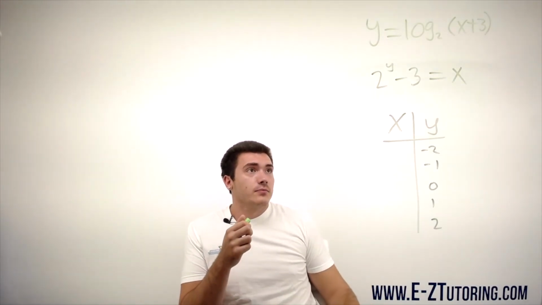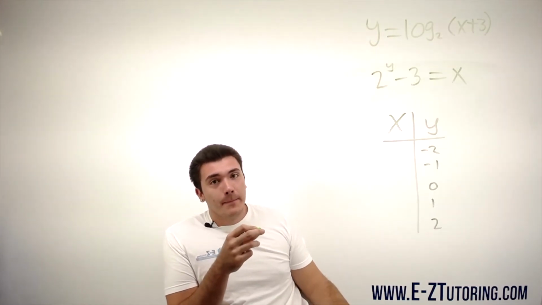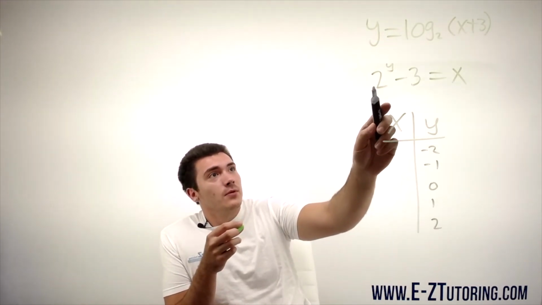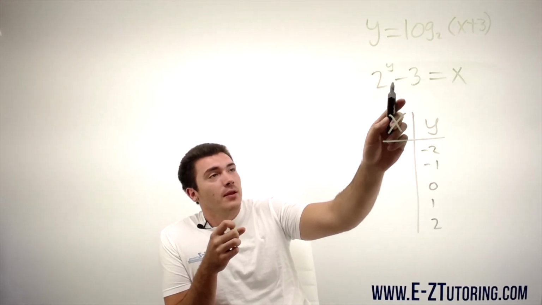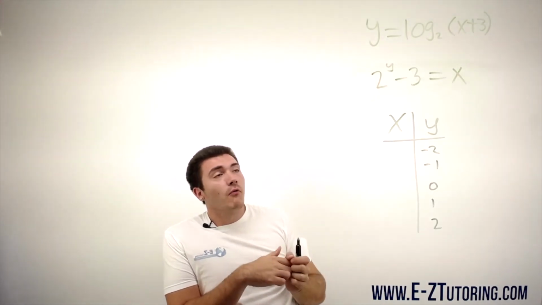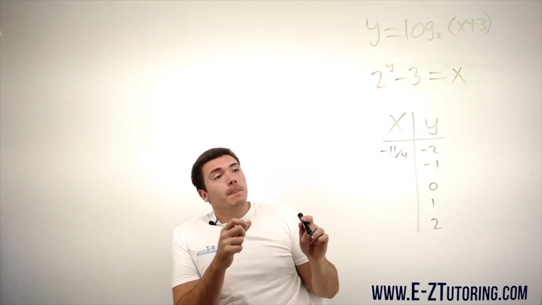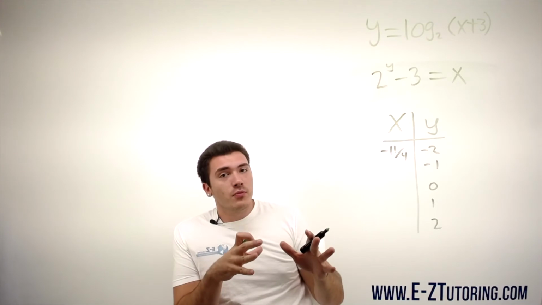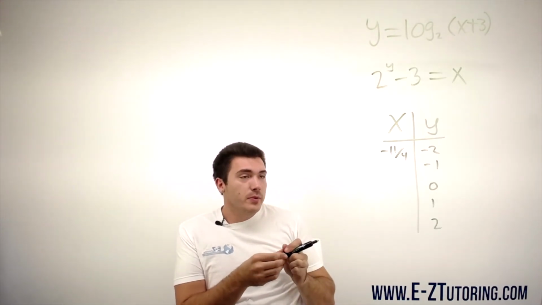If we plug in a -2 for y, this becomes 1/4 minus 3. Then we convert 3 to a fraction over 4, which is 12 over 4. We get minus 11/4. I'm doing mental math here. This is simple algebra, and you should know how to do this, so I'm not going to go into too much detail.